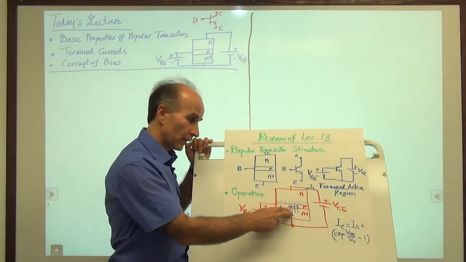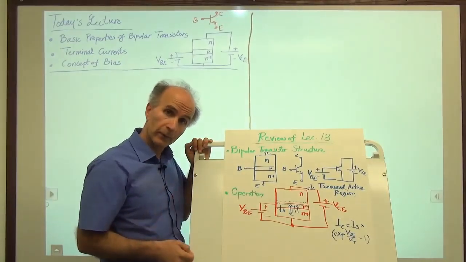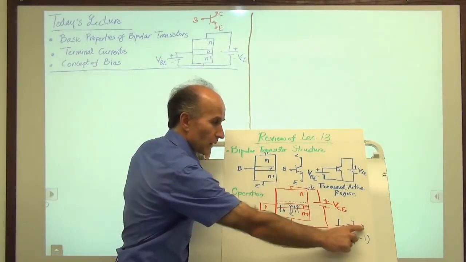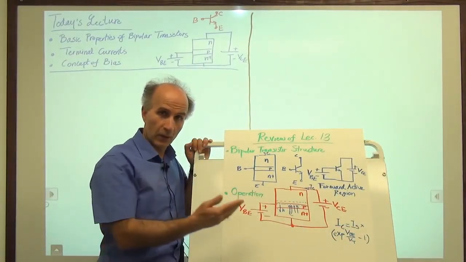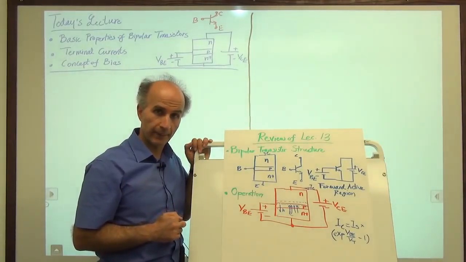After all, most of these electrons make it to the collector. So without proof, we will accept that the collector current is also an exponential function of the base emitter voltage. The equation is similar to what we had for diodes.